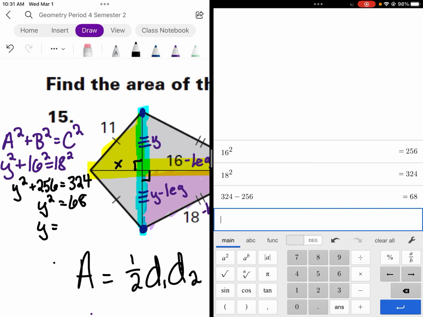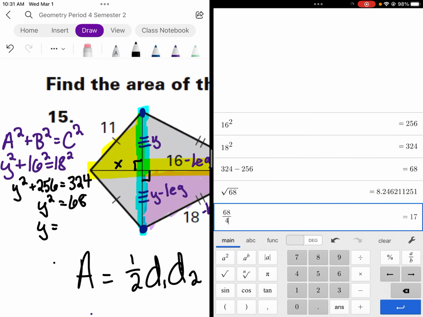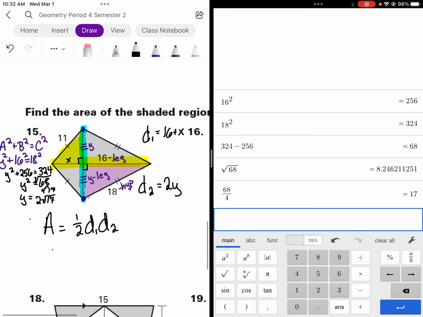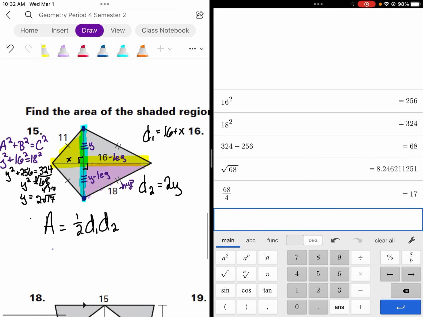And we're going to take the square root of 68, which does not give us a whole number. So let's see, I think 4. Okay. So if we were to factor this, we would get 4 and 17, and 4 can be factored into two 2's. So our simplified answer is going to be 2 square roots of 17. And that is our y value.